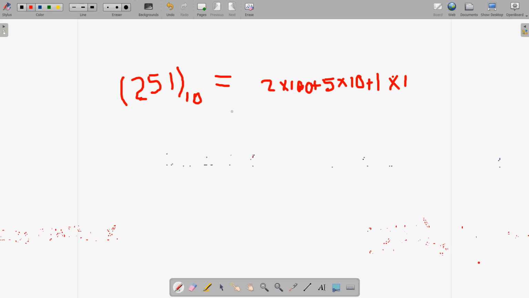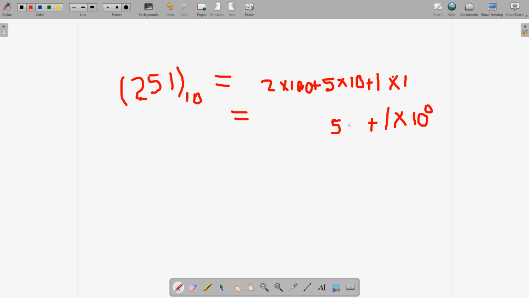Now we have to make this representation in the form of their positional value, in the form of the base representation. So here 1 into 10 to the power 0. Why 10 to the power 0? Because we have to denote this in the form of the base. So 10 raised to the power 0 is 1. After that 5 into 10, again we will write 5 into 10, and here the power will be what?